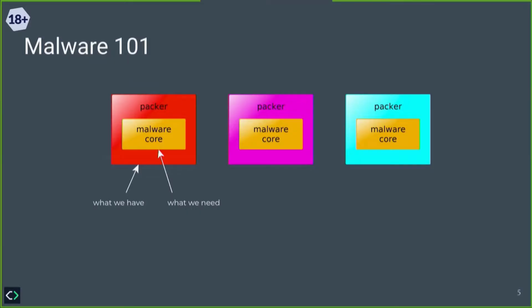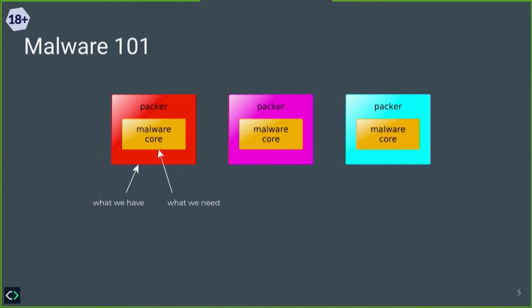Okay, so let's start from scratch. Basically, if we look at what malware looks like, we have some family of malware samples, and very usually a single malware core, or single type of malware, is very often packed with many different packers.